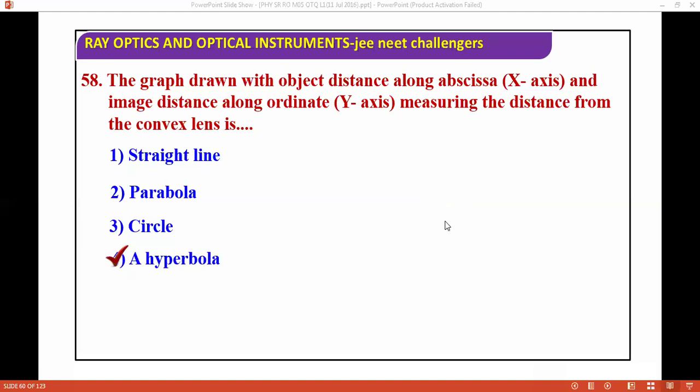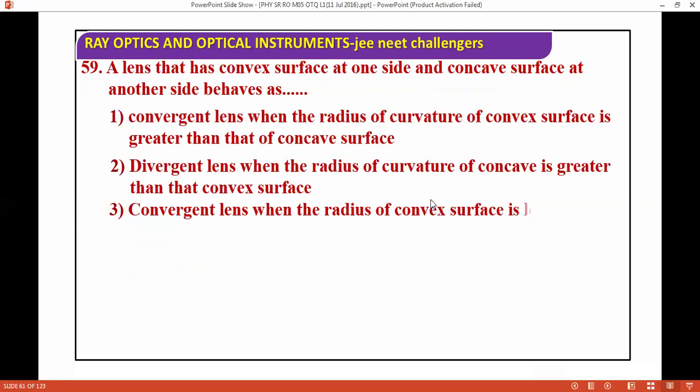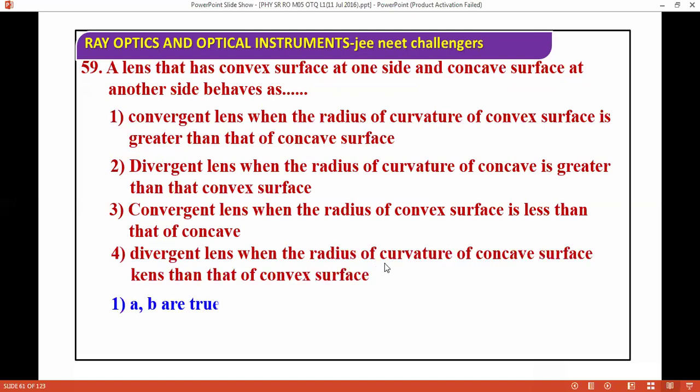Next question: a lens that has a convex surface on one side and a concave surface on the other side behaves as? It's a good question. The options are in front of you, and the correct answer is C and D are true.